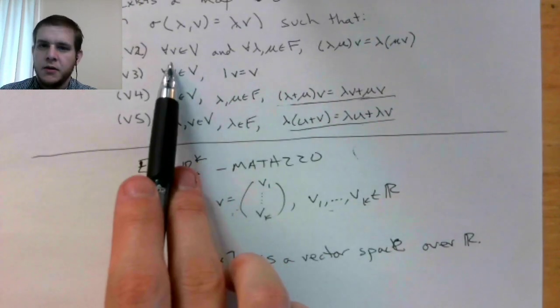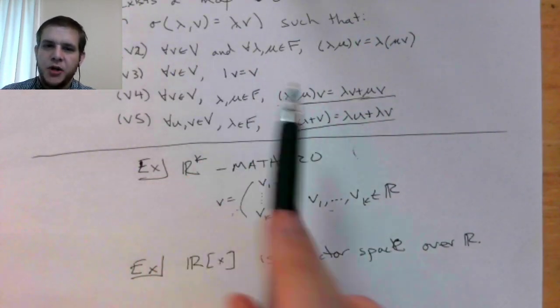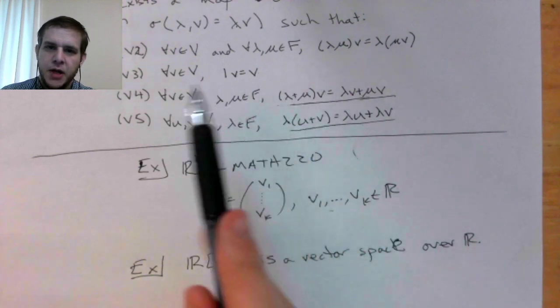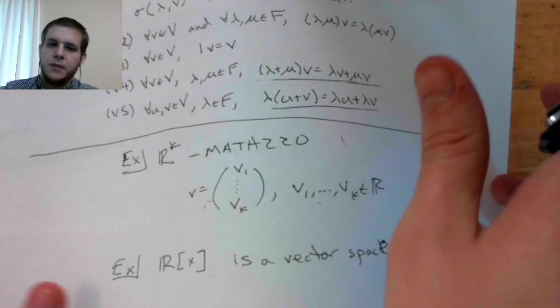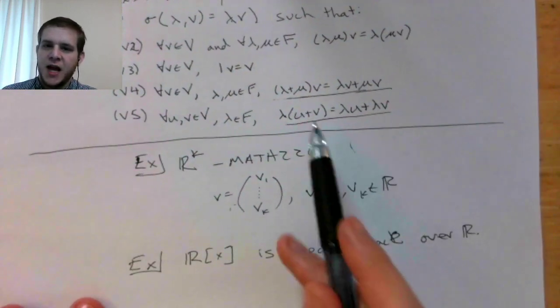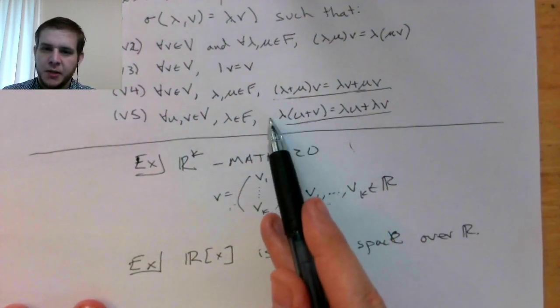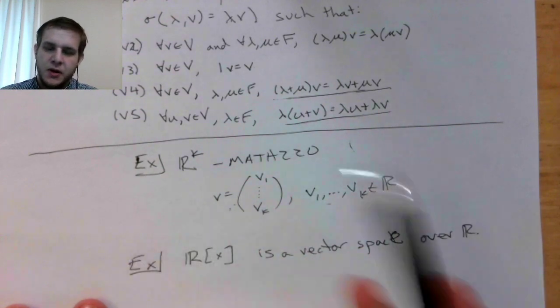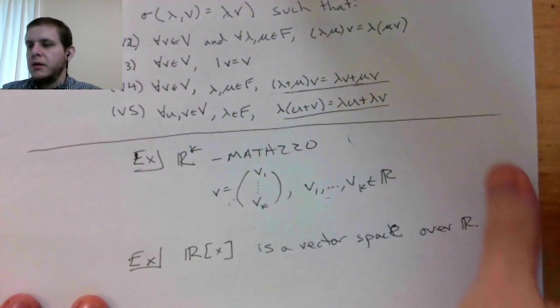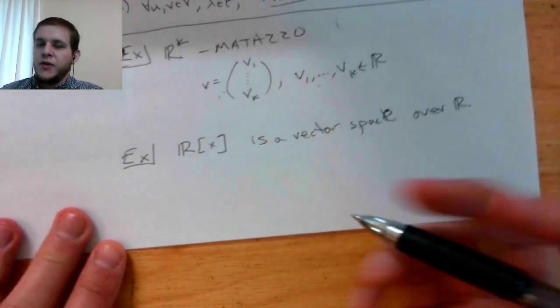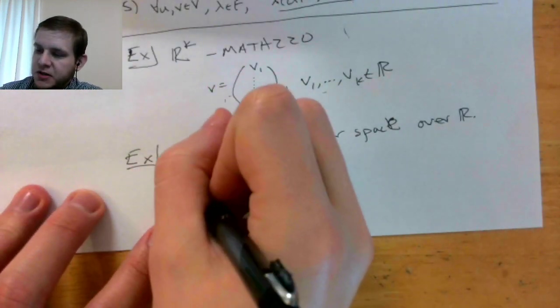Well, I can multiply a polynomial by a real number, and it's very easy to check all of these axioms for polynomials. If I add 2 polynomials and then multiply by a real number, I can distribute the real number into the sum. So this is an example of an infinite dimensional vector space.